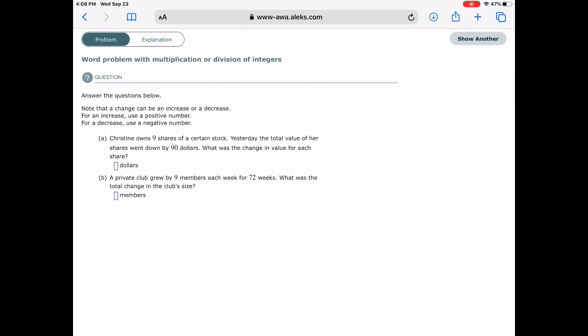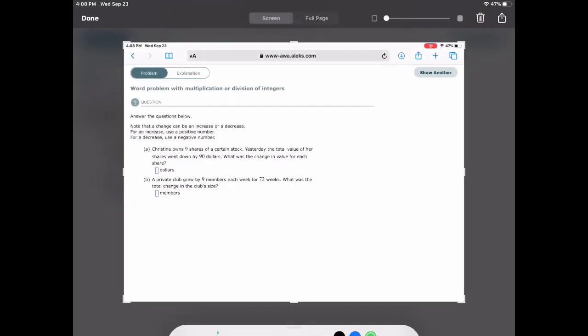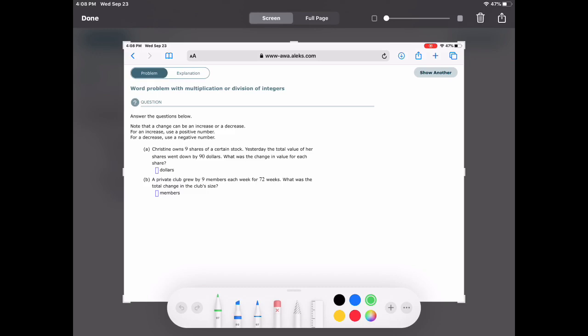All right. Christine owns 9 shares of a certain stock. Yesterday, the total value of her shares went down. Well, it's going to be negative by $90. What was the change in value for each share? The total value of her shares went down by $90, but she has 9 shares.